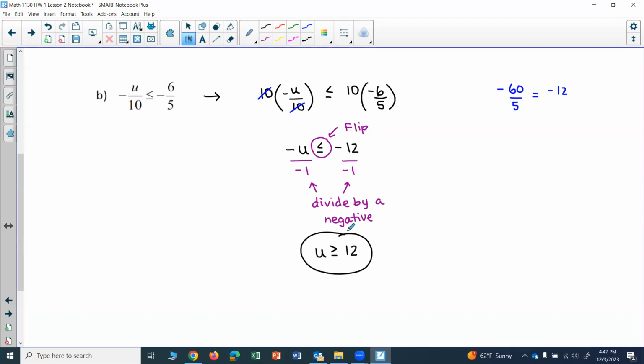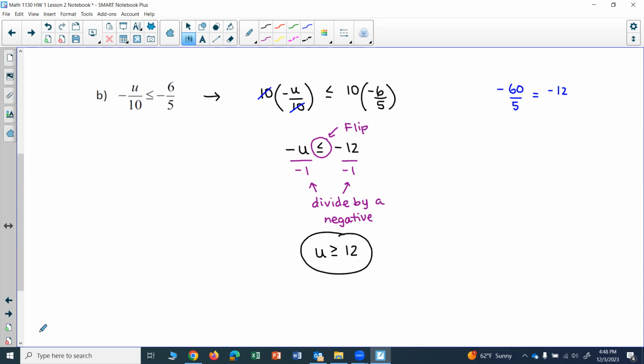So you can always check the direction of your inequality by picking a number that meets that inequality, in this case greater than or equal to 12, and plugging it into your original. If you want to check your endpoint, plug your endpoint into your original and make sure the two sides are equal.